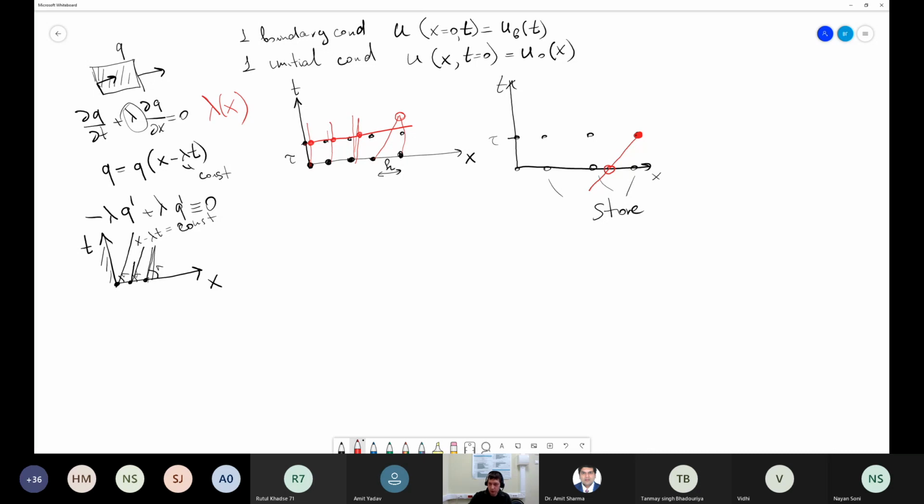We know the values at the points Tn and Tn minus 1, xn and xn minus 1, and we want to calculate the value at the point x star, here's the x star, at the moment Tn.